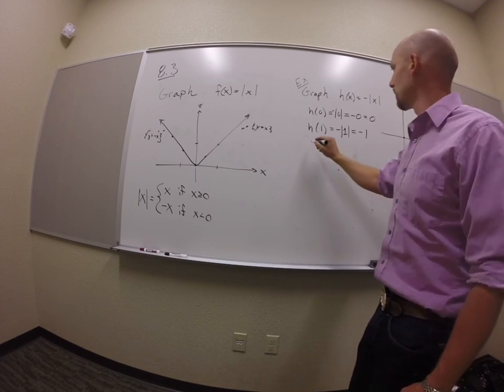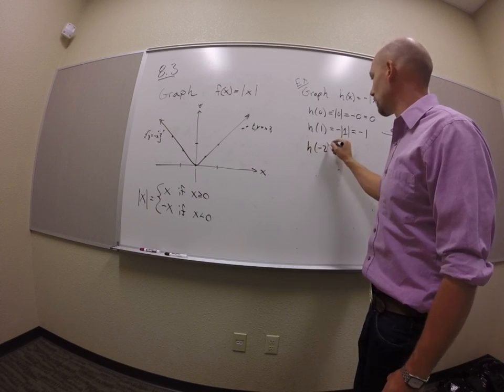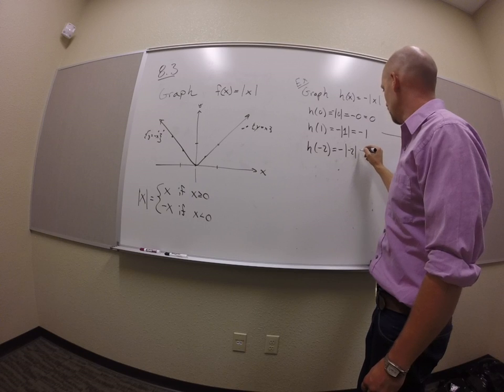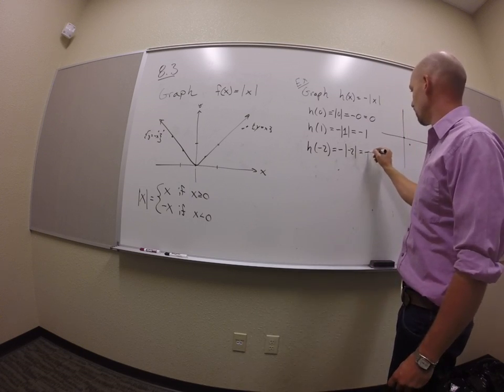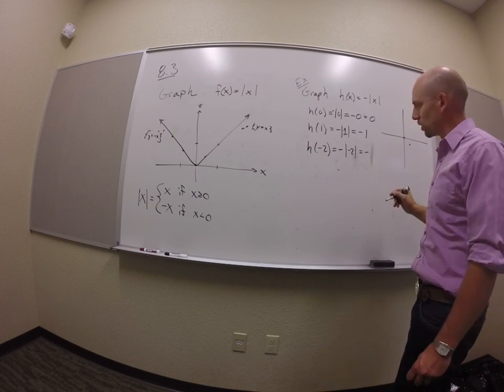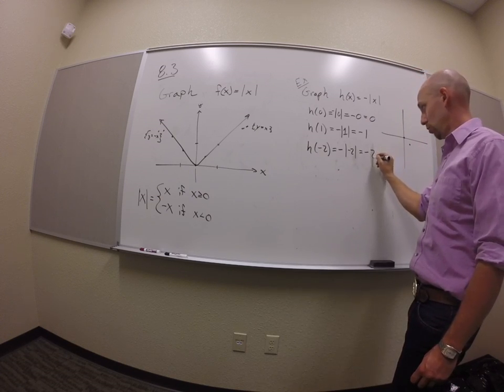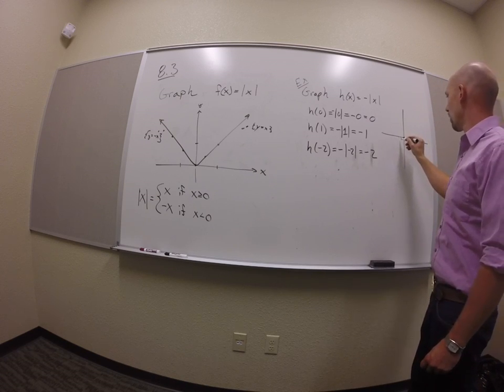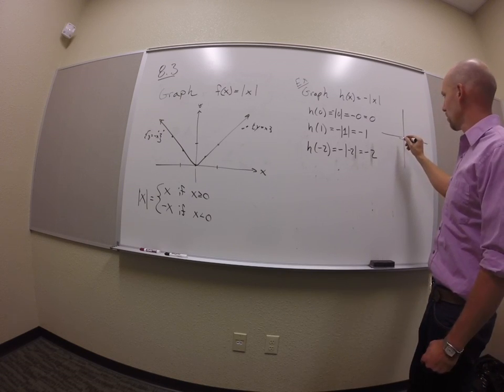If I keep doing these, like say we do h of minus 2, that's minus the absolute value of minus 2, which is minus, oops. How far is minus 2 from 0? It's 2. So I get minus 2. Oh, so that put out the same thing that I input, right?